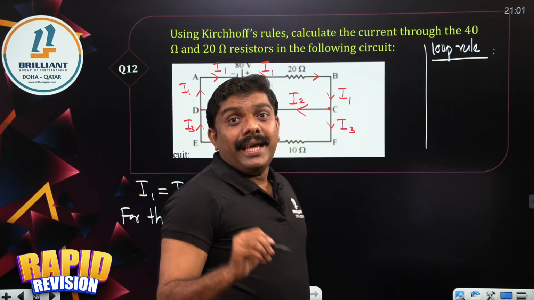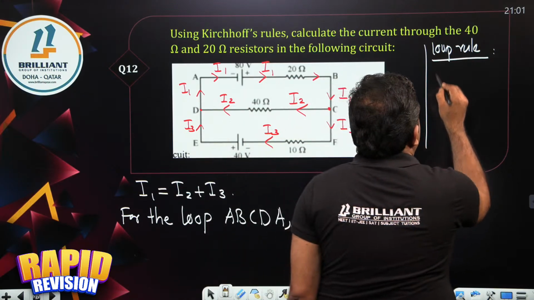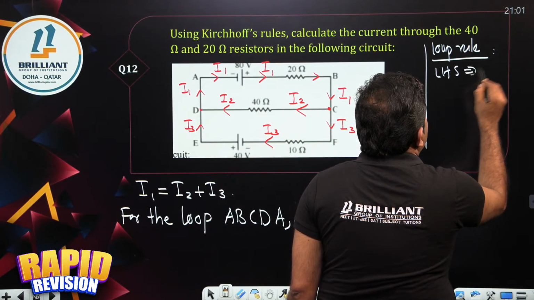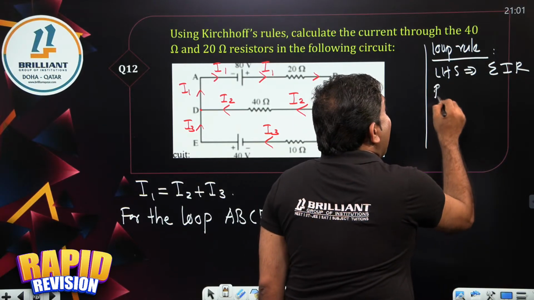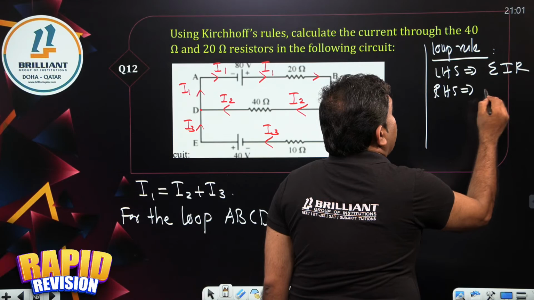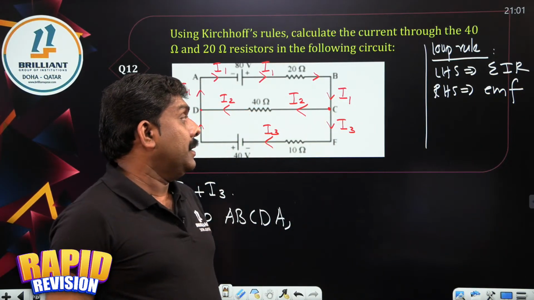First of all, LHS will be the product of current and resistance, sigma IR, and the right side of the equation will be EMF.